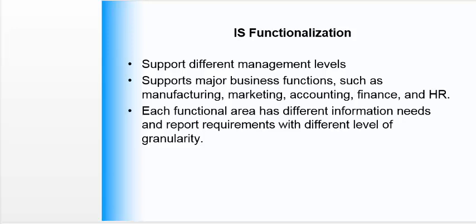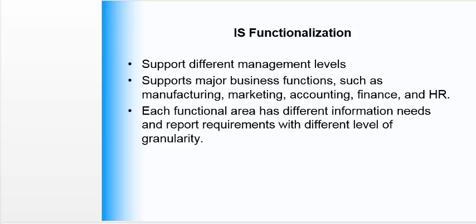What do we mean by level of granularity? I actually meant information granularity. The people at the top require coarse information, which means summarized information, whereas the people at the operational level, at the low level of the organization, require fine-grained information.